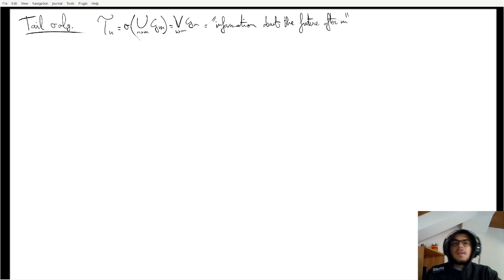So basically this is the sigma algebra generated by the union of G_m when n is greater than m. Yeah, I was thinking about it.